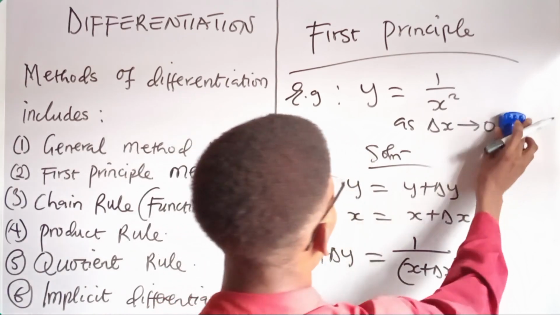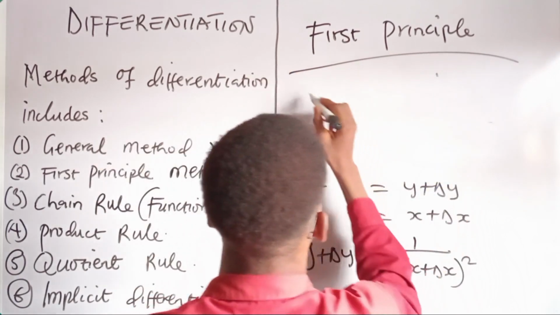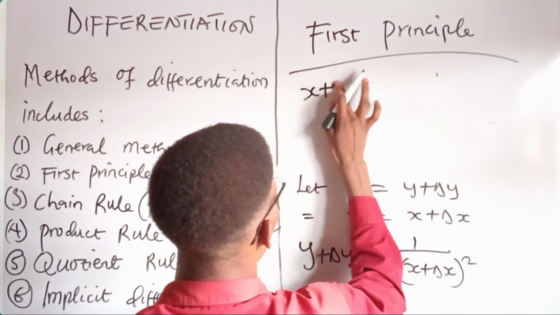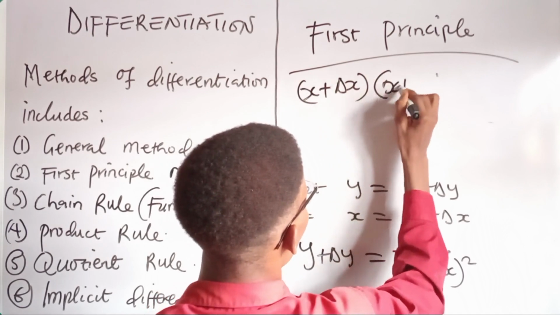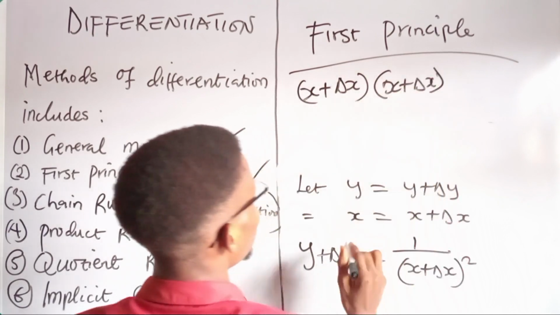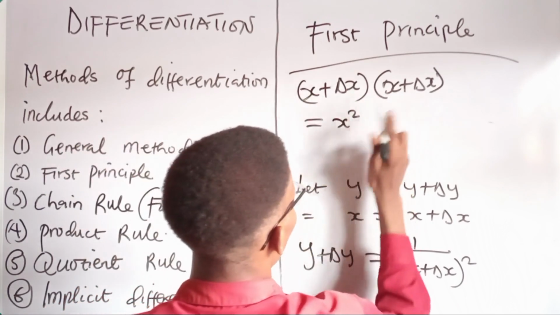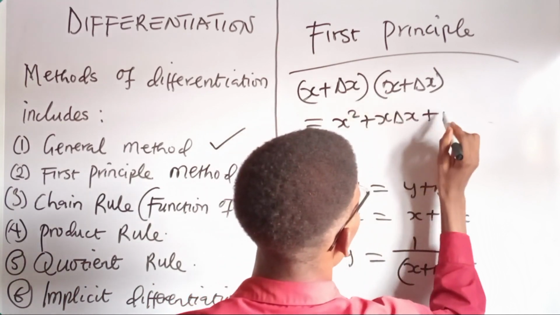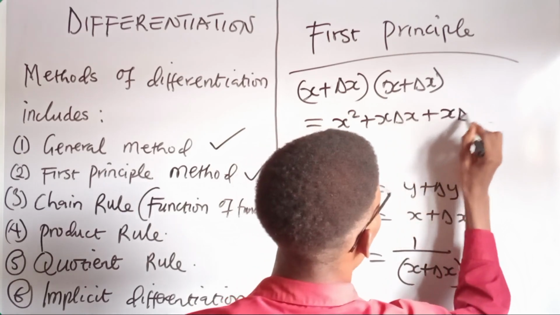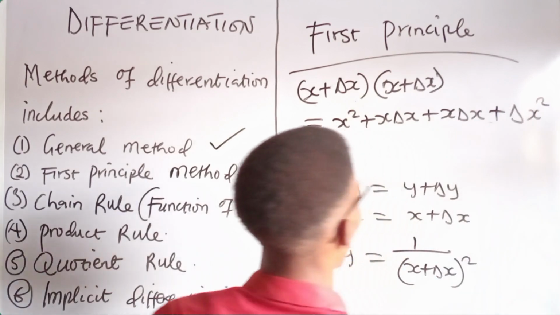When you expand this, you are going to have s plus change in s, then bracket s plus change in s. So this is going to give us s squared plus s change in s plus s change in s plus change in s squared.